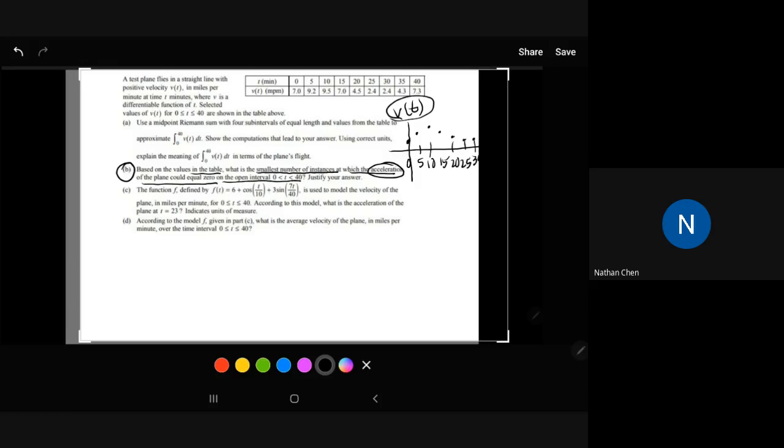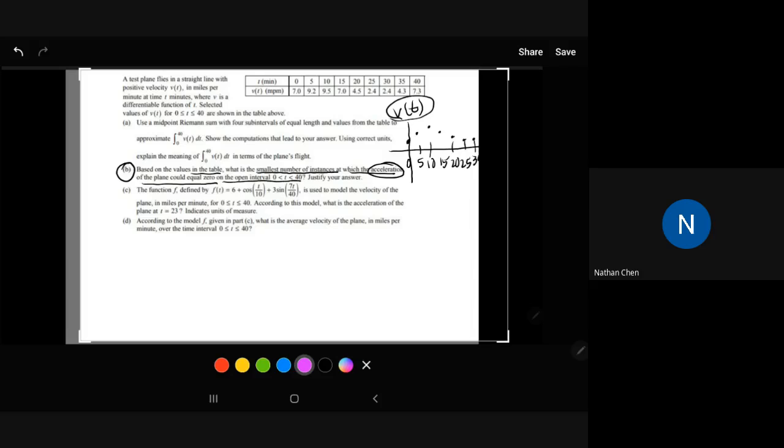And that is here. Okay, so the picture really helps me understand this question. When I see a picture, it helps me think of what the theorem is because I'm asking myself, do I want the slope or do I want to know something else about it? In this case, they are asking me about A, so I'm thinking slope. Now it says, what's the smallest number of instances at which the acceleration could be 0?